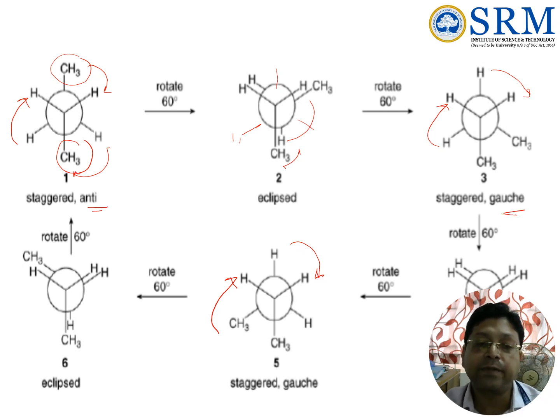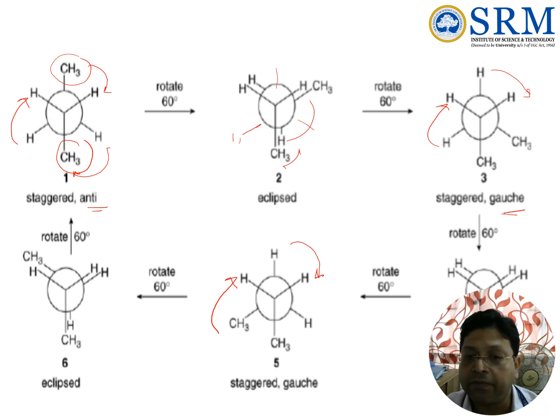In this eclipse, there is steric repulsion between methyl and hydrogen, hydrogen and hydrogen, and methyl and hydrogen. Again, if you rotate 60 degree, you will get the staggered anti-conformation. So basically, if you rotate 60, 60, 60, you will get alternately eclipse and staggered conformations, and the staggered anti is the most stable conformation.